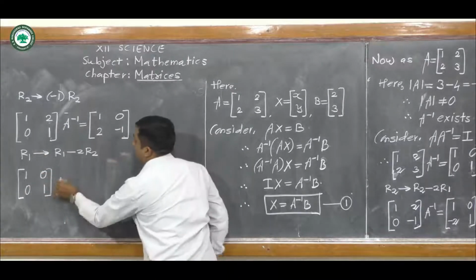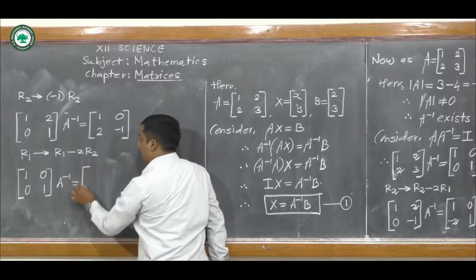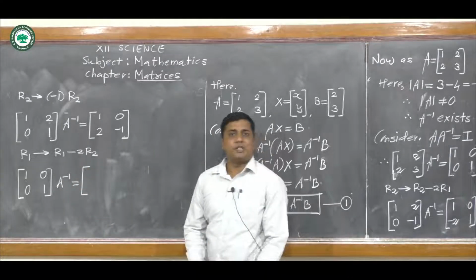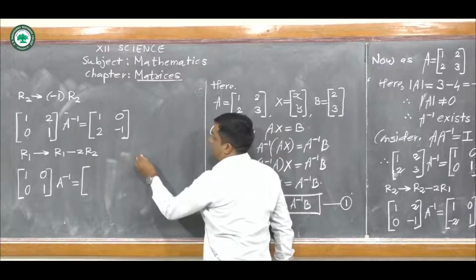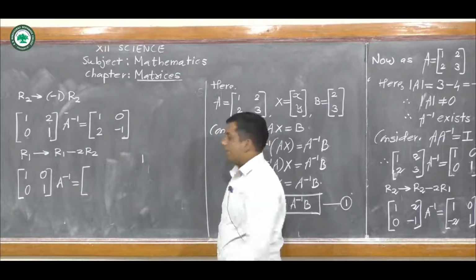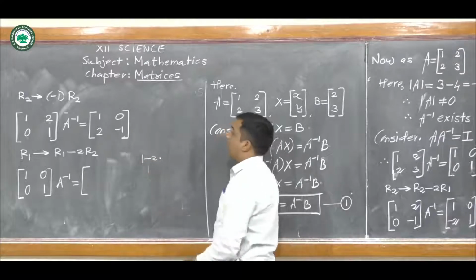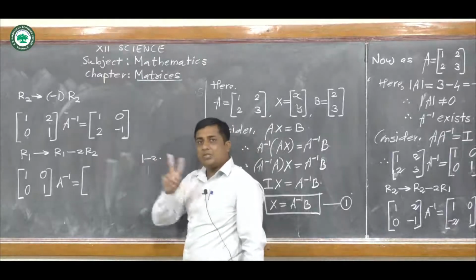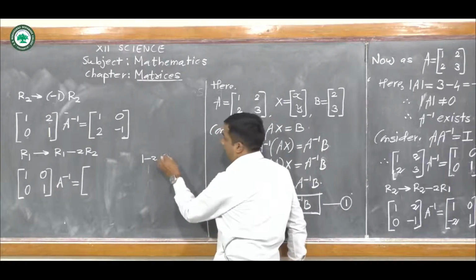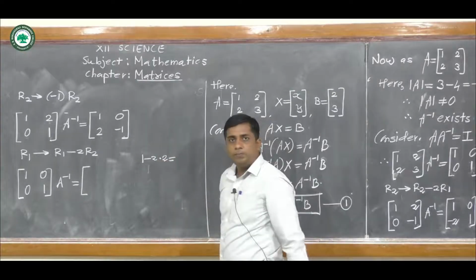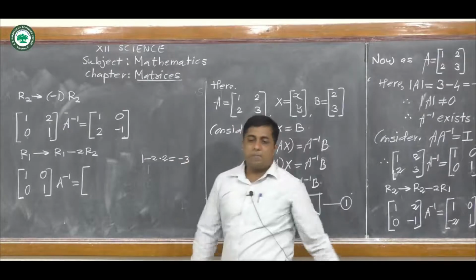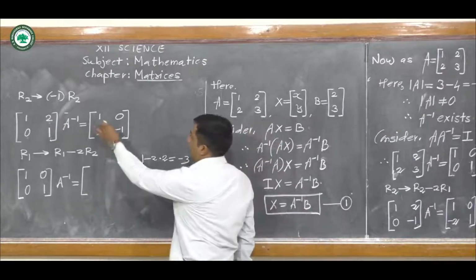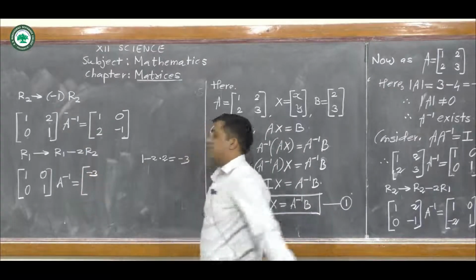Next, A inverse is equal to, again we perform the same transformation in RHS. Okay, here the first element from the first row is 1. Then with minus 2, the first element from row second is 2. So here we have 1 minus 4. 1 minus 4 is minus 3. So here in the position of 1 we get minus 3.